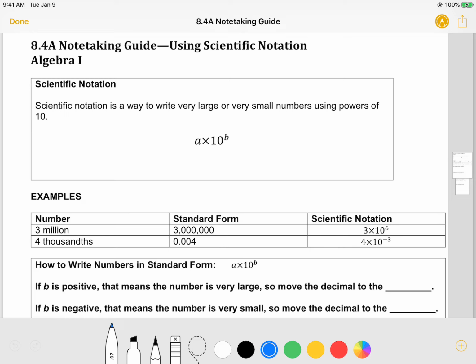Okay, so this number A, if we're in scientific notation, A is going to be 1 or greater, but less than 10.